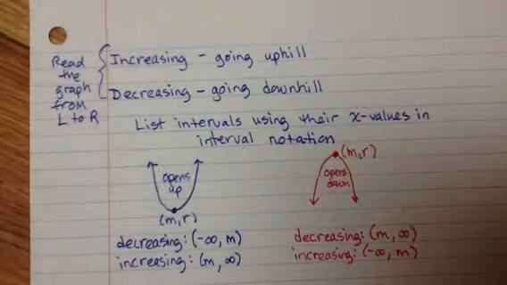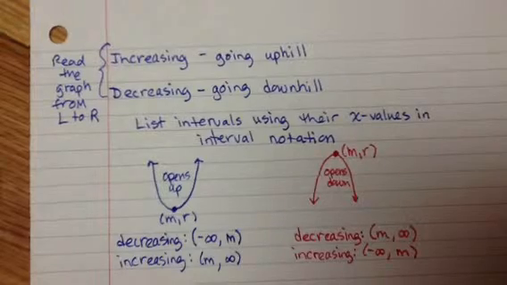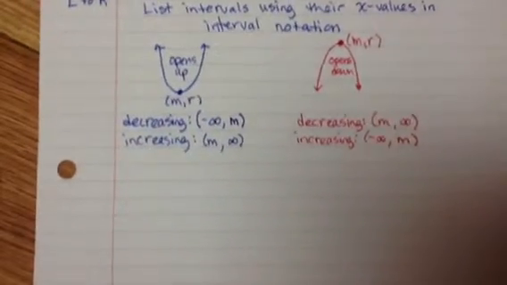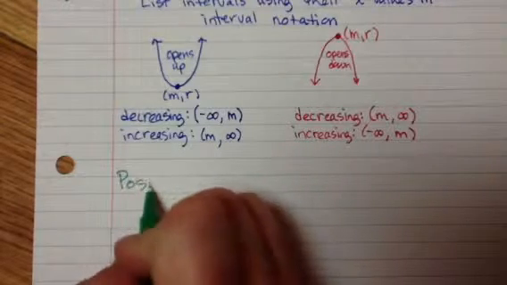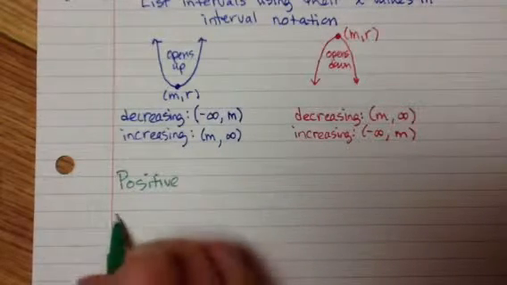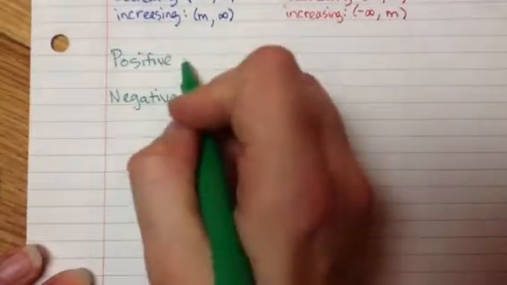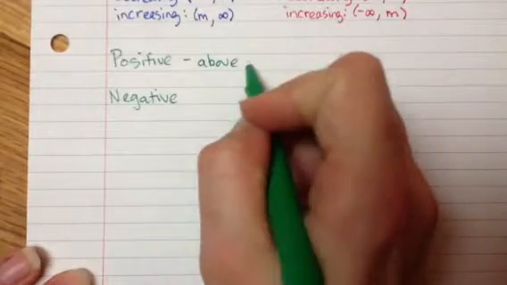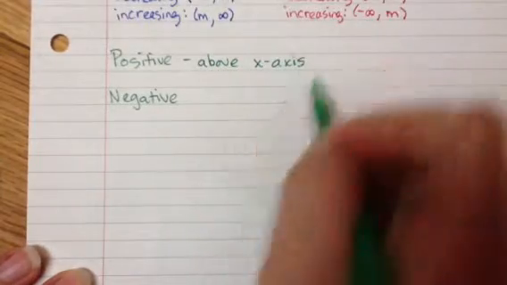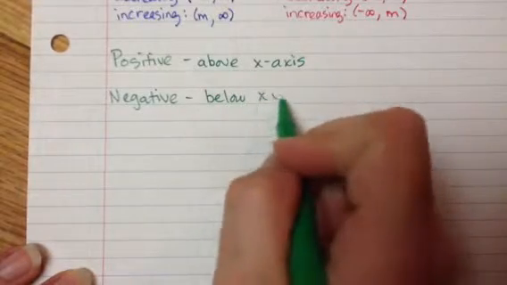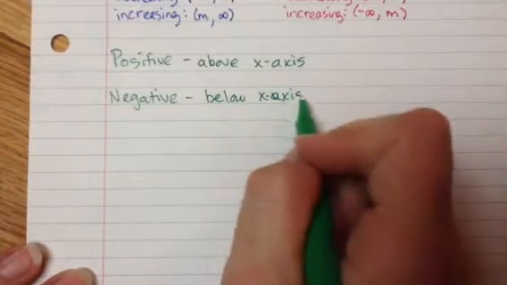The very last feature we're going to talk about before we go back and look at the graph is where a function is positive and negative. A graph is positive where the graph is above the x-axis, and the graph is negative where it is below the x-axis.